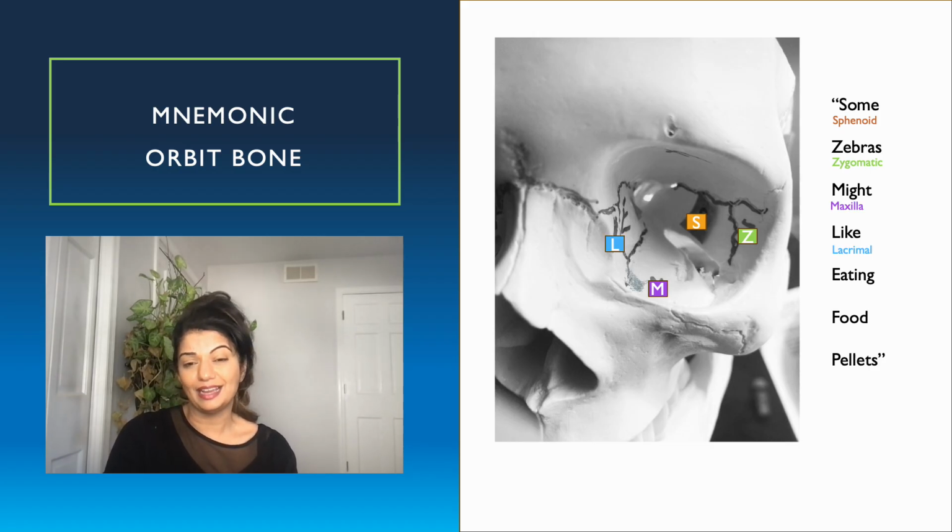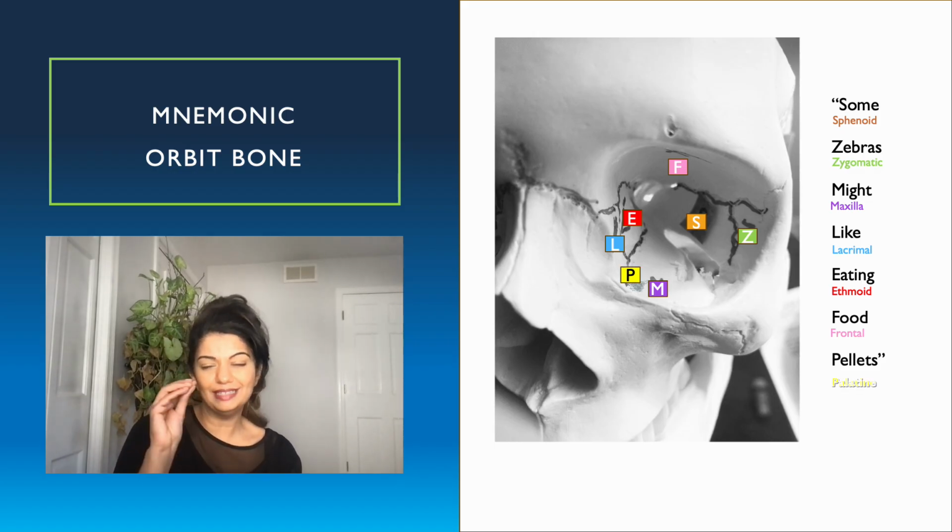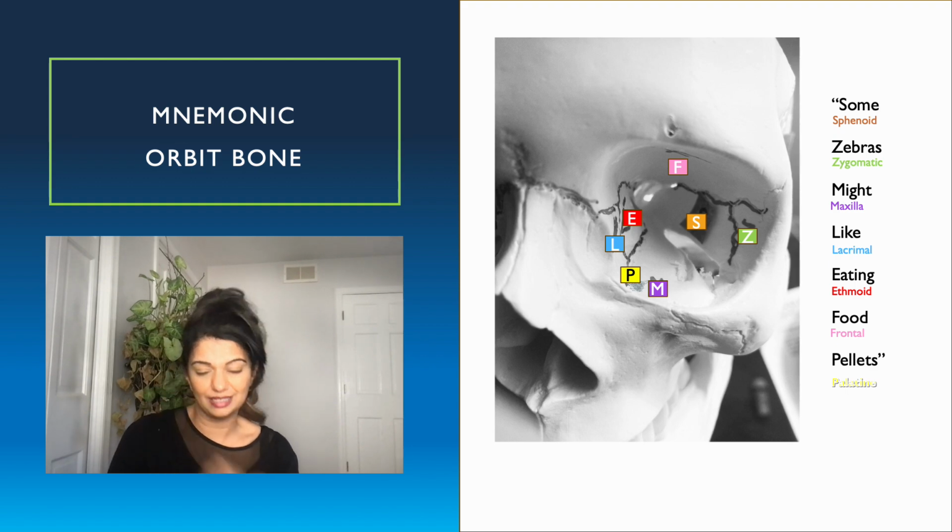Like is lacrimal. Eat is ethmoid. Food is frontal. And Pellets is for palatine bone, which is really hard to see. It's basically just a smidgen. But there you have it. That is a mnemonic to remember the orbit bones.